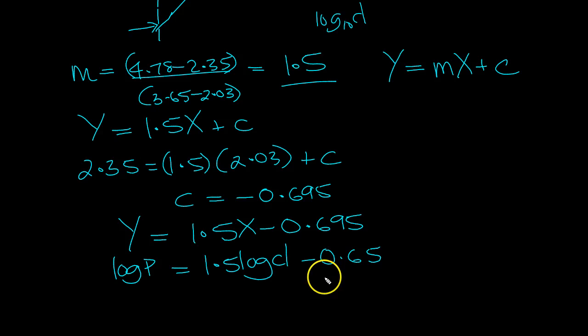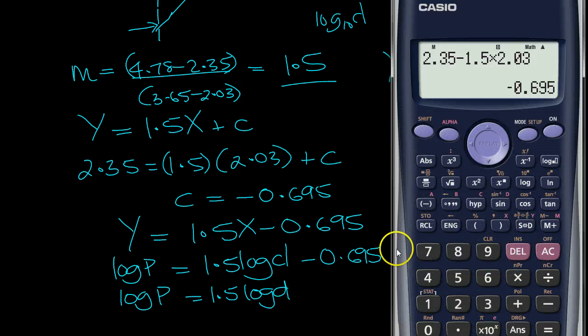Okay, so what have we got here then? Minus 0.695. What log 10 is that? We better do a shift log on that to write that as a log.